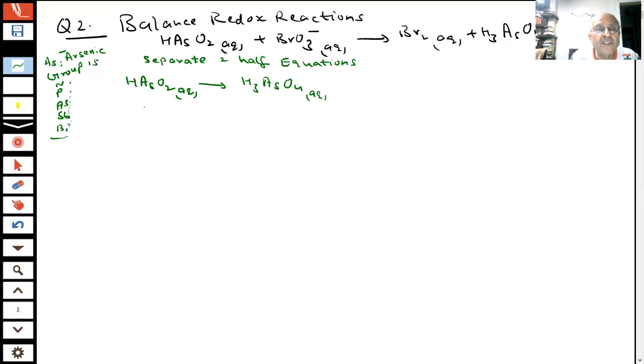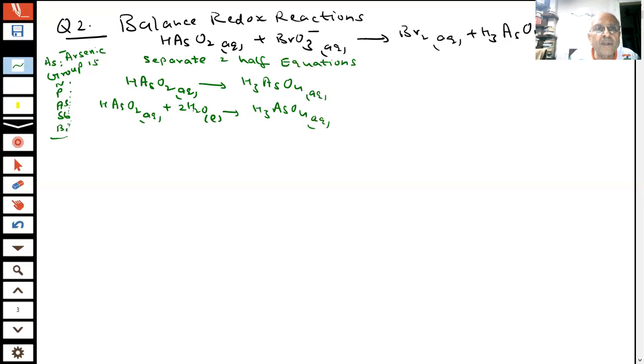How will you balance this half equation? Arsenic 1, arsenic 1. Oxygen 4, oxygen 2. So what will you do? HAsO2 aqueous. How much water should be added? Here you should add 2H2O, which is liquid.